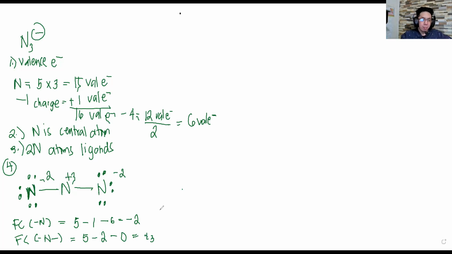And another thing, what happens to your overall charge? That's the overall charge for this. -1 pa rin po, syempre. -2 plus 3, -1 pa rin po.